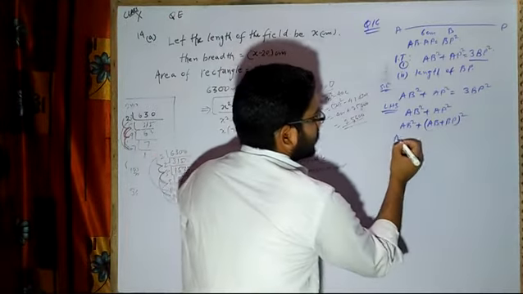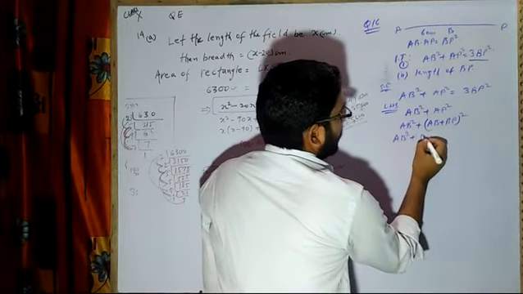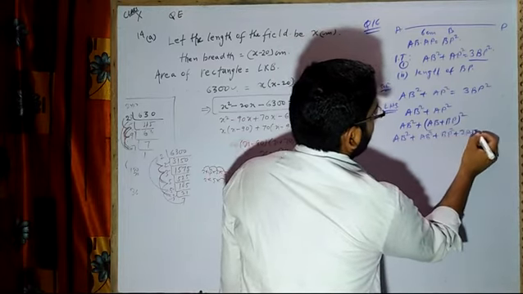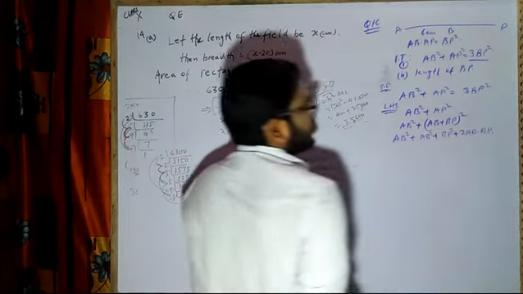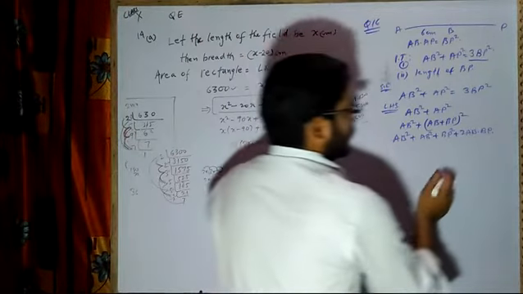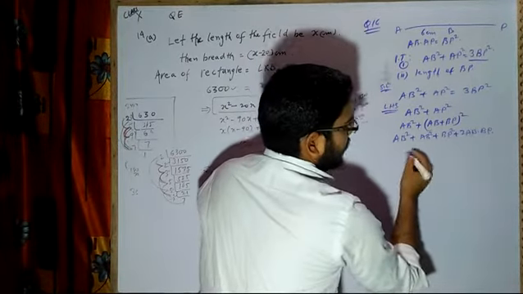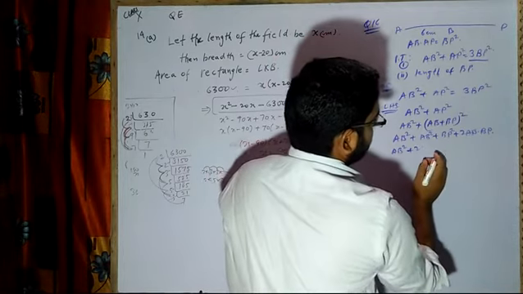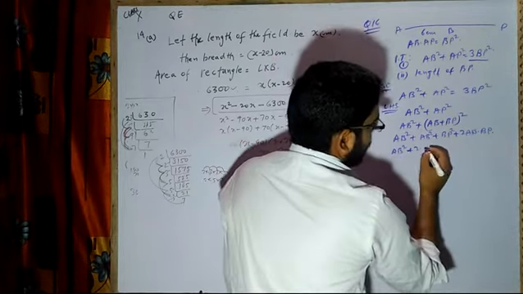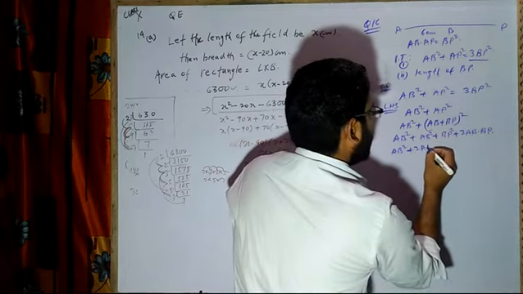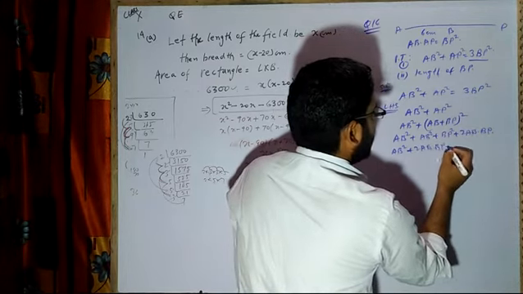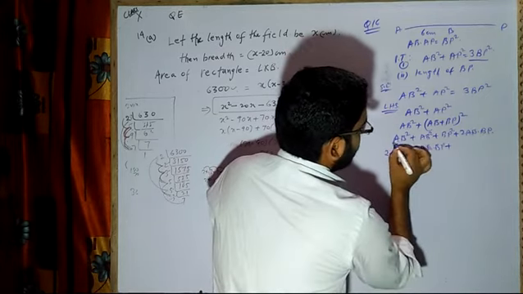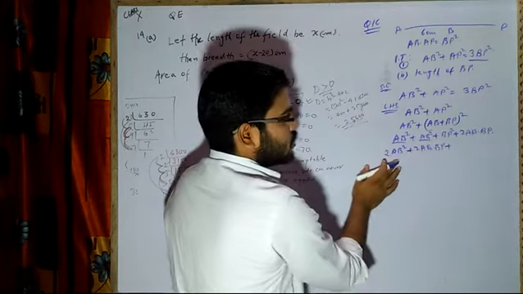Then I will expand this, so it will become AB square plus AB square plus BP square plus 2AB into BP. Correct? Now what I am going to do here is, I will be taking AB square plus 2AB into BP plus, or rather here I can write 2AB square, because this AB square and this AB square are 2 in number, so 2AB square.